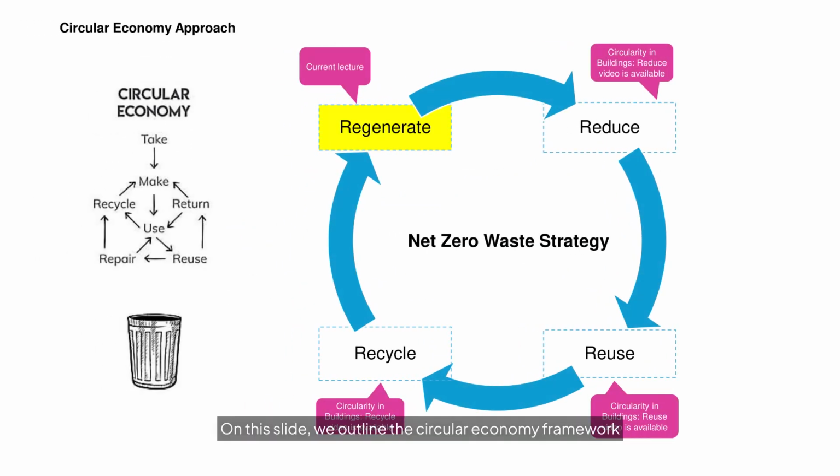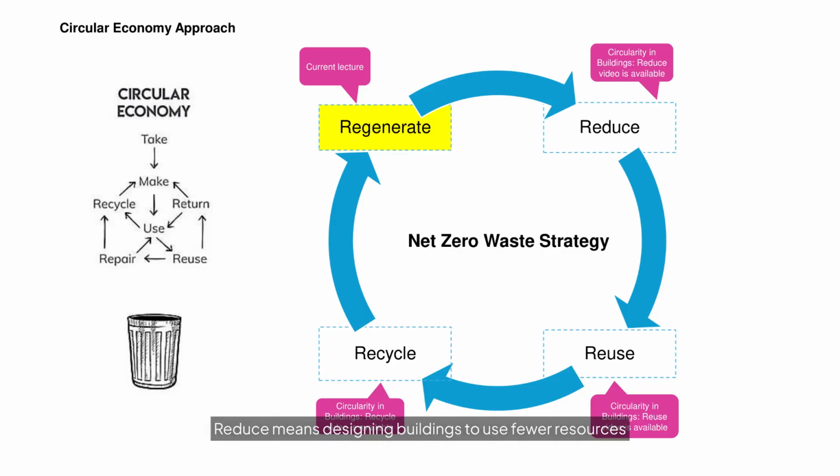On this slide, we outline the circular economy framework as it relates to a net zero waste strategy in construction. Aiming for net zero waste means designing and building in a way that no materials go to waste during the building's life cycle. We implement this through four key approaches: reduce, reuse, recycle, and regenerate.